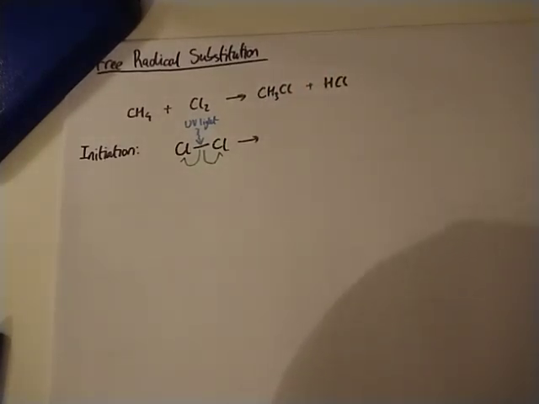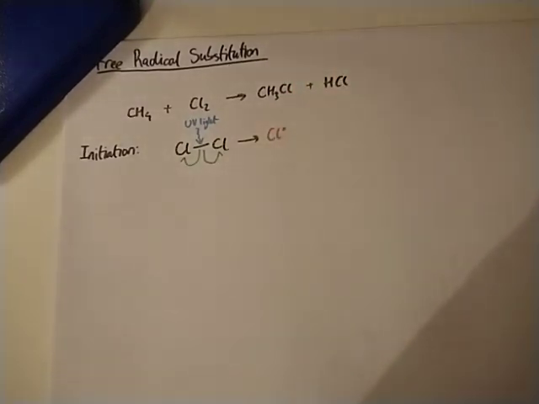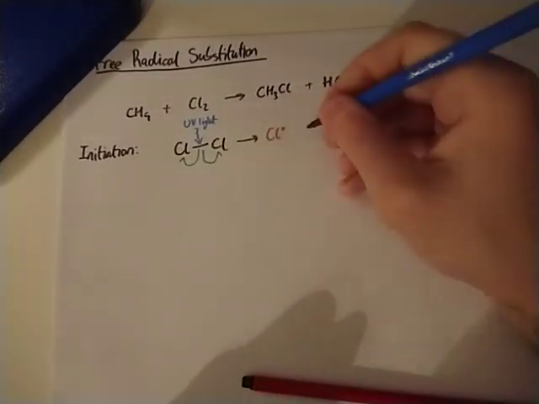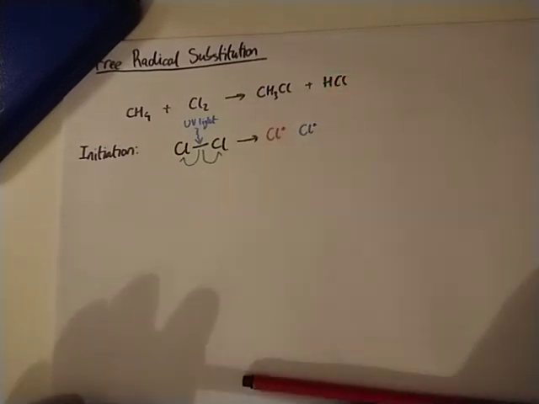So what we have done here, and I'm going to try and do these in different colours and keep the colours consistent throughout, is we've made what is called a chlorine radical. A radical is just something which has an unpaired electron.